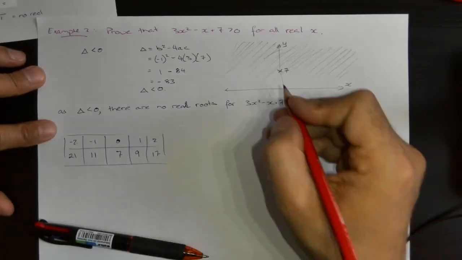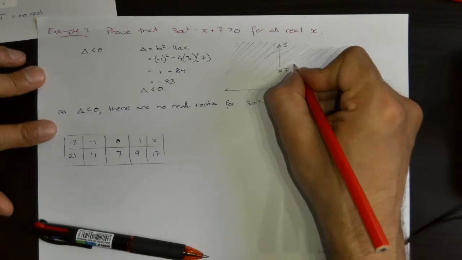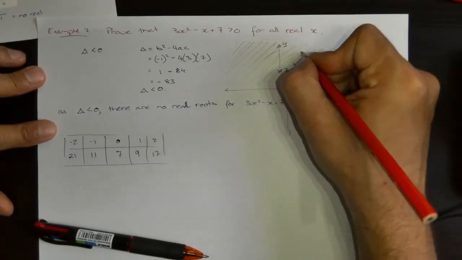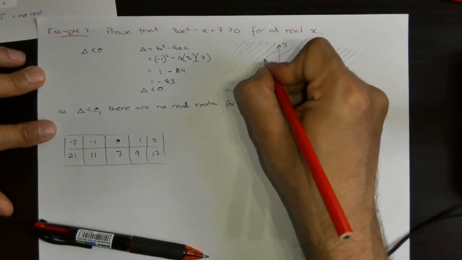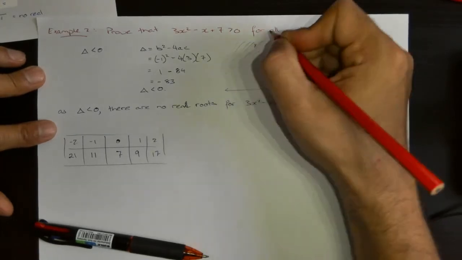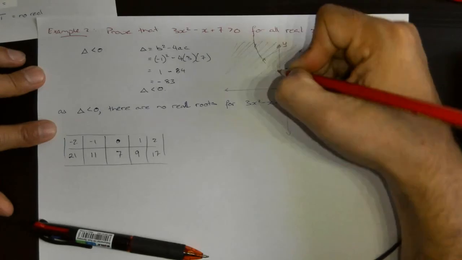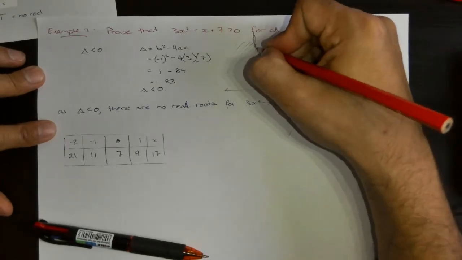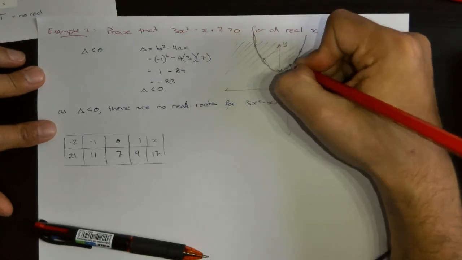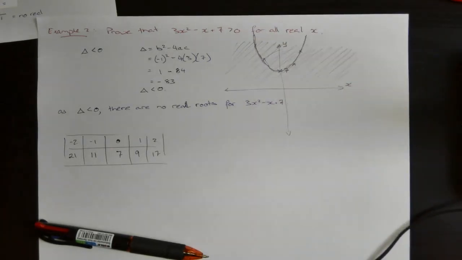Alright, so we've got 7, 9, 17, 11, and 21, so it looks something like that. And as you can see, the parabola is above y equals 0 and does not cross the x-axis.